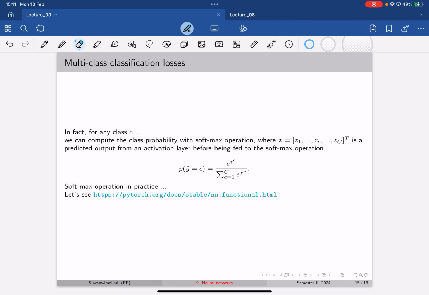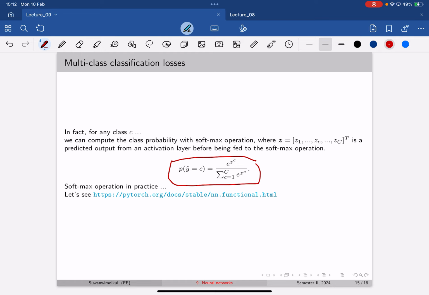Actually, that's all, just a little bit before I go. Aside from the sigmoid function, there's another layer that we call the softmax layer, which can also be used to compute the probability.